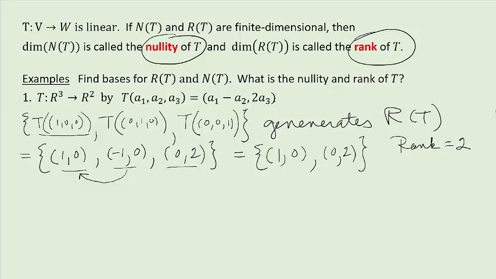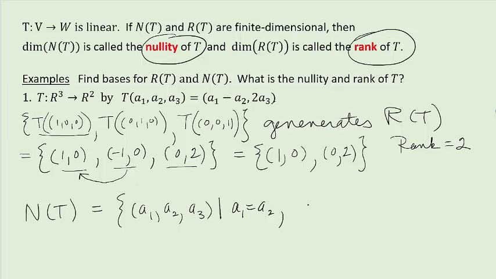Okay, now let's find the nullity, the null space. The null space of T will be the set of all ordered triples a1, a2, a3 that are sent to 0, 0. So in other words, a1 minus a2 will be 0, a1 equals a2, and 2a3 will be 0, so a3 is equal to 0.